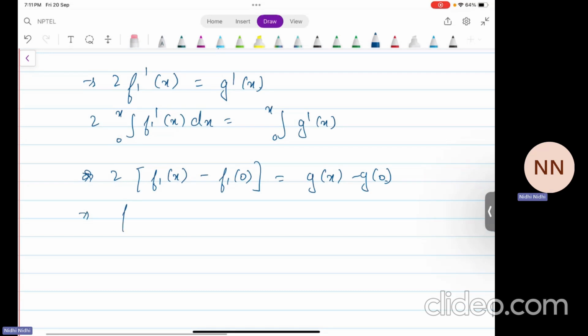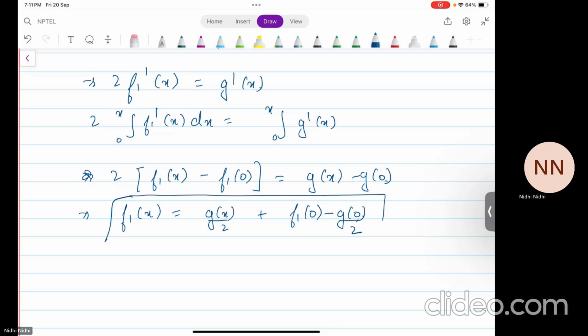This implies f1 x is equal to g x by 2 plus f1 0 minus g 0 by 2. So this is our f1.